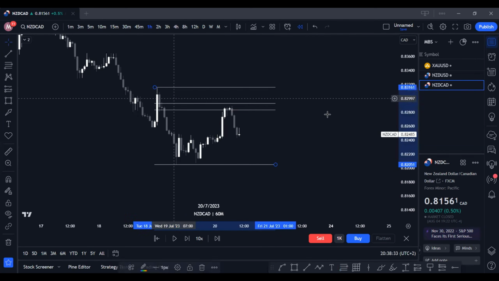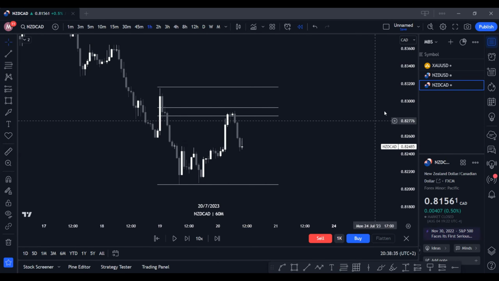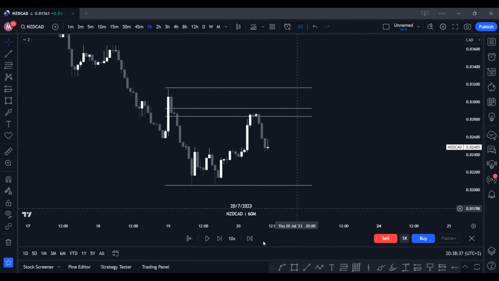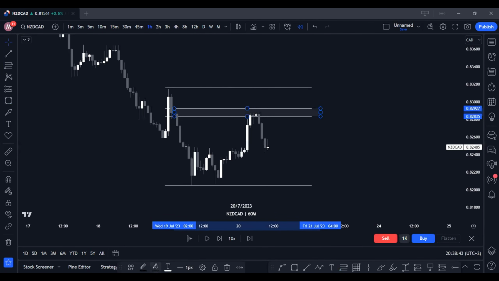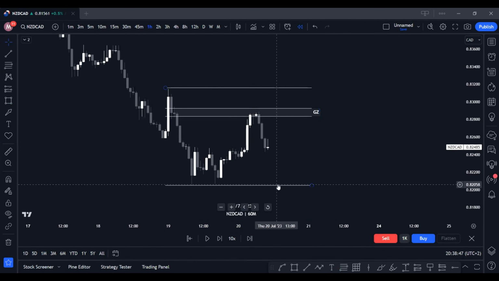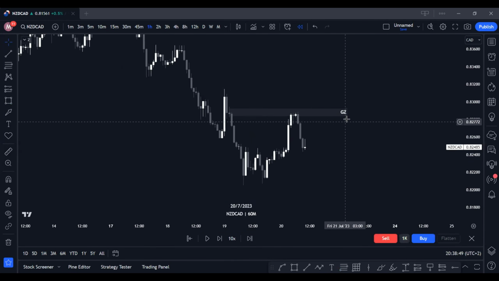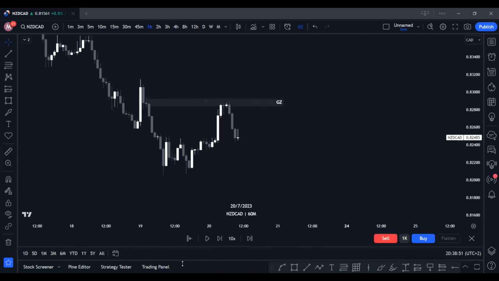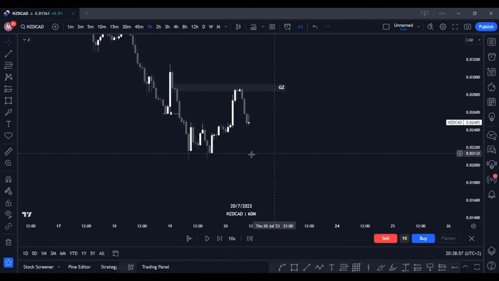As you can see, the price just tapped us into our golden zone entry, and that's where you're going to take your selling opportunities to push price to the downside. So this here is going to be your break of structure.